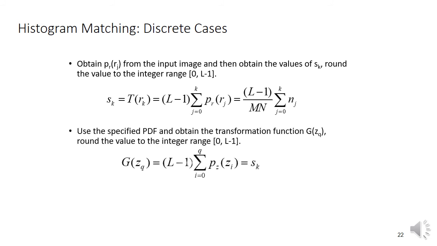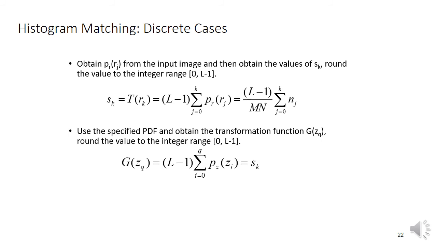Okay, we use the specified PDF and obtain the transformation function G(z_q), and round the value to an integer, so it falls in the range from 0 to L-1.